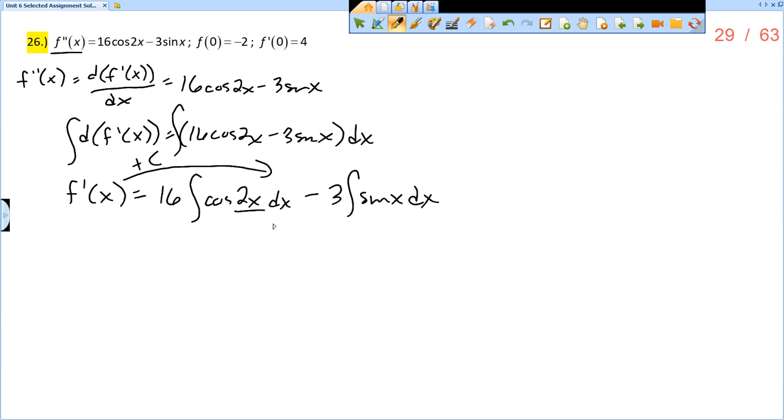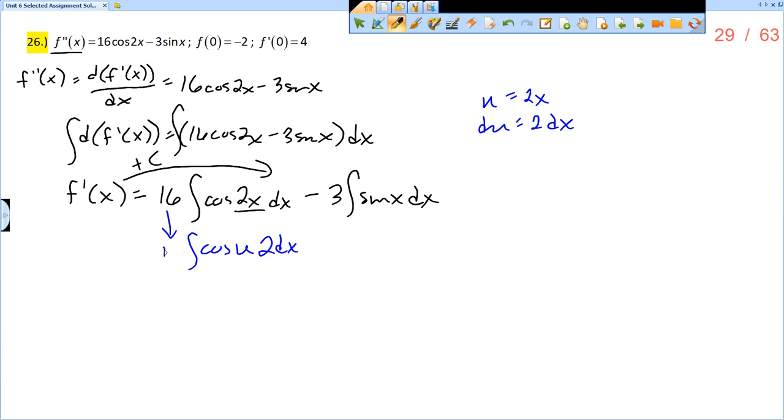On the side here, u equals 2x. I'm only using u in this first integral, not in the second integral. So du is 2 dx. That means I have the integral of cosine of u, and then I have the dx, so I need a 2 with the dx.